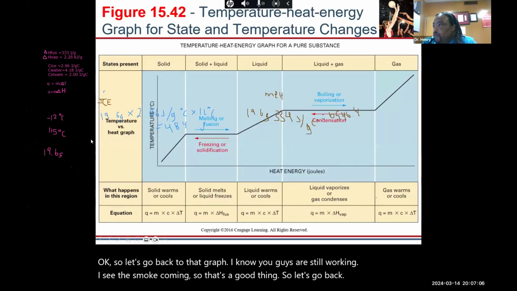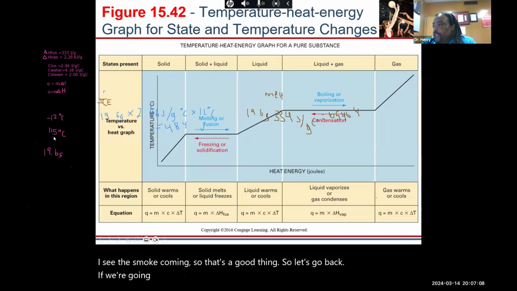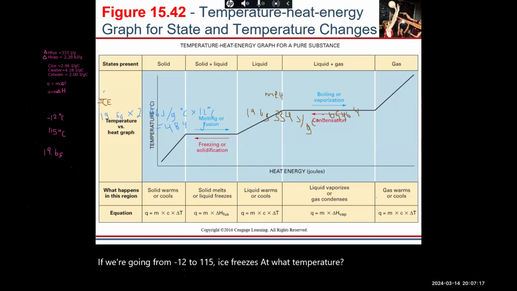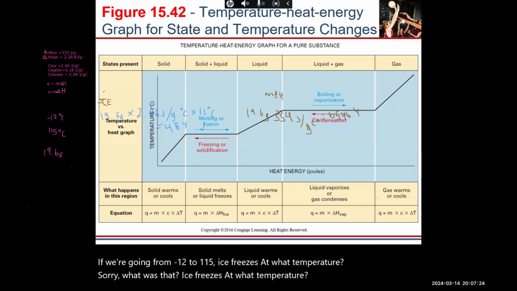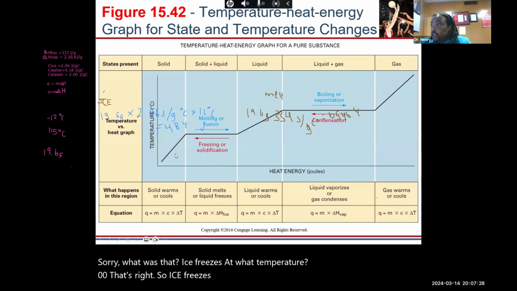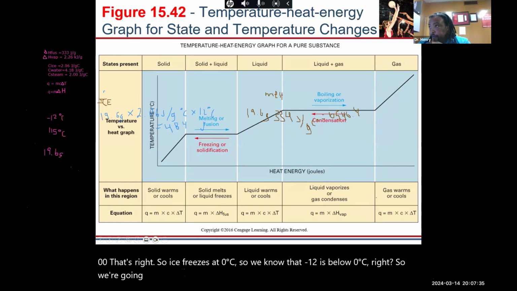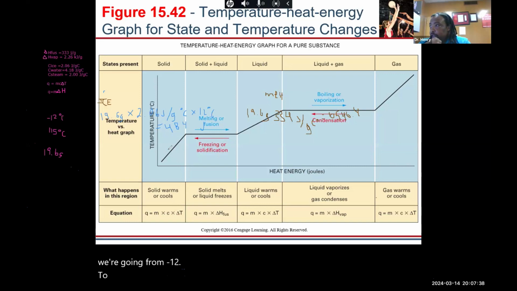So if we're going from -12 to 115, ice freezes at what temperature? 0. 0, that's right. So ice freezes at 0 degrees Celsius. So we know that -12 is below 0 degrees Celsius, right? So if we're going from -12 to 0, that's going to be our first one.